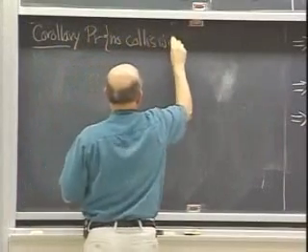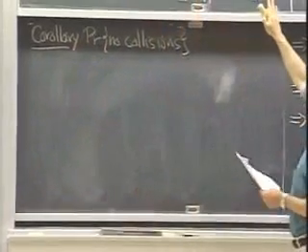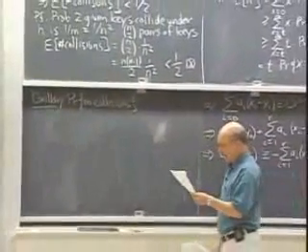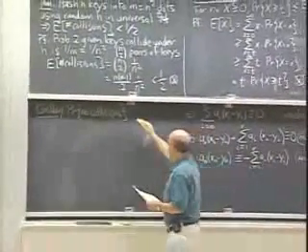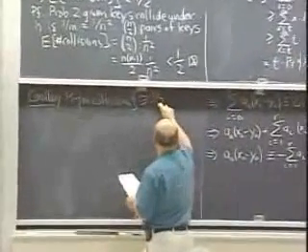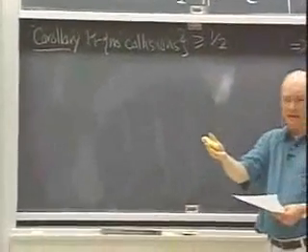So the probability of no collisions, when I hash n keys into n squared slots using a universal hash function, I claim is greater than or equal to a half.